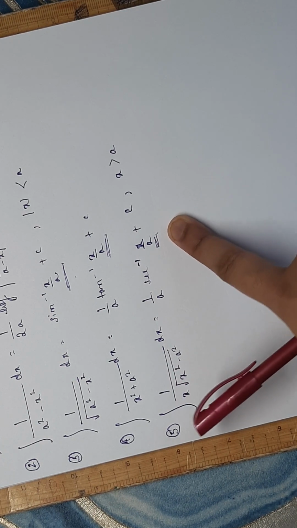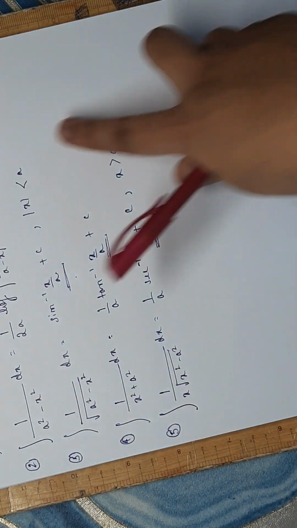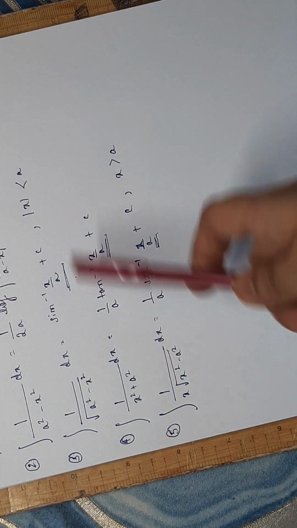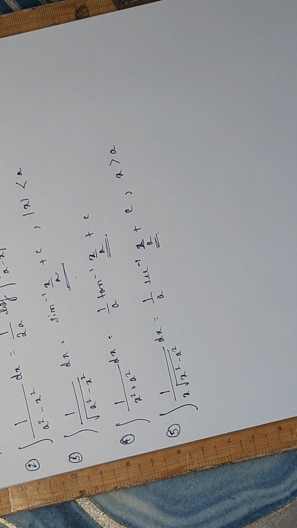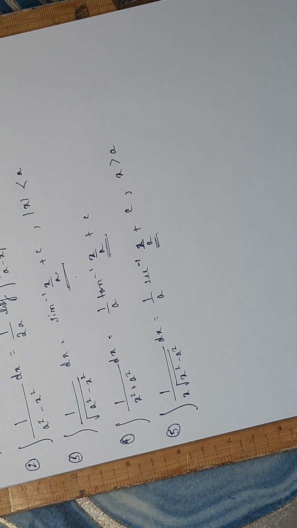So that's the only difference, else these 3 formulas are more or less the same. There are certain differences, like I said, 1 by a is one of them, the other is sine, tan and sec, and the other difference is the conditions required, which are a bit different. So this was all about the 5 formulas.